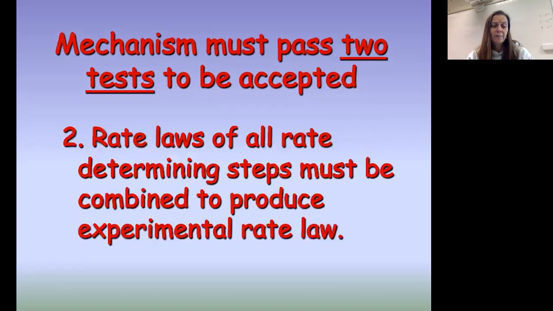And then our second test is that the rate laws of the rate determining steps get combined to produce that experimental rate law. So our experimental rate law is really our number one tool for determining whether or not a mechanism is valid. If the rate law matches up with what we think the mechanism is, then that's a pretty sound endorsement of that particular mechanism.